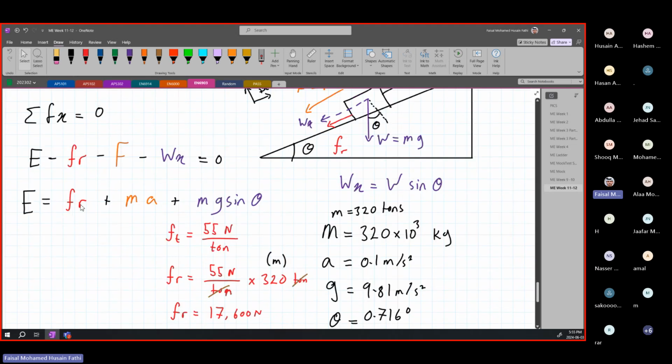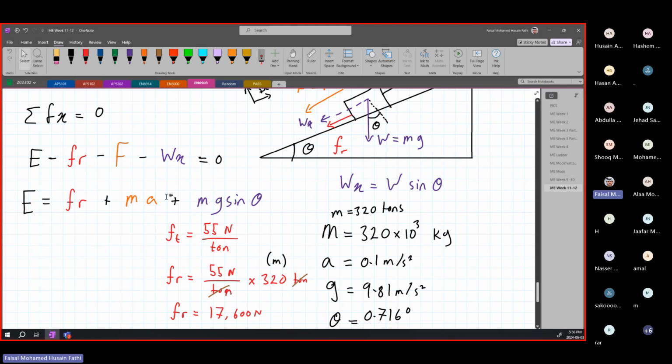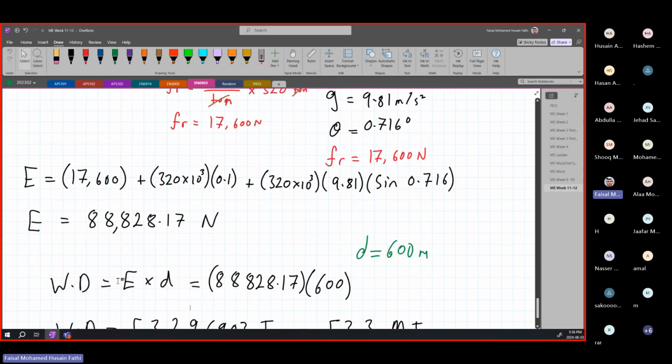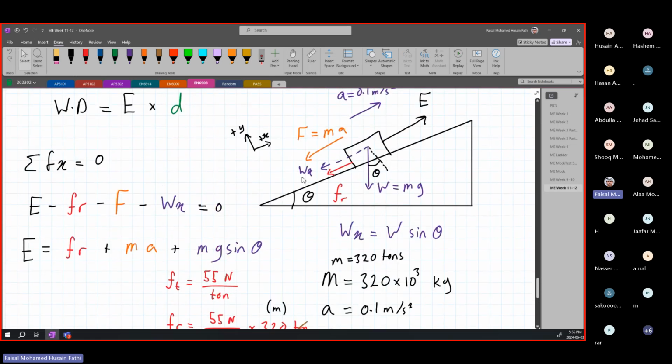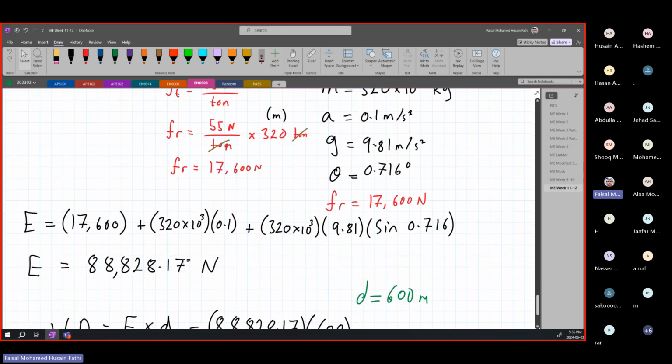We're going to find out all the values using trigonometry. Make sure that the weight is just the weight that is being applied in the same direction, parallel to the distance that is being moved. Once you find all of that, plug in all your values, and you're going to find your work done, which is equal to the total force required to move this, which is our E, times the distance that has been moved.